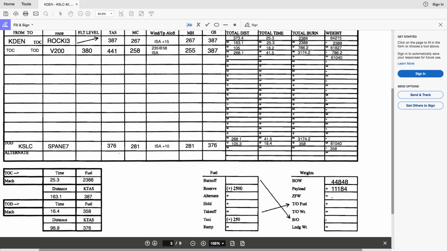And then we just do our math on these, right? So what's 268 plus 105.3 gives us our 373.4.